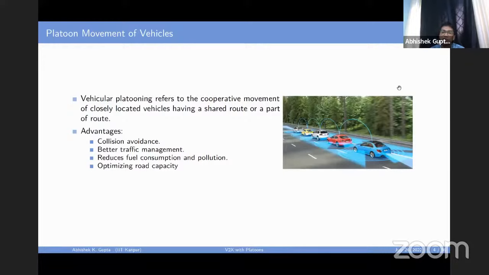And because these vehicles are moving together, this can also reduce unnecessary stops, right? So vehicles can move at a regular speed, and this will make fuel consumption regular and also reduce pollution. So this is a good way to optimize road capacity. Also, when you're moving in a platoon, you can decrease the inter-vehicle distances, and because of that, you can fit more vehicles in a unit length of road.